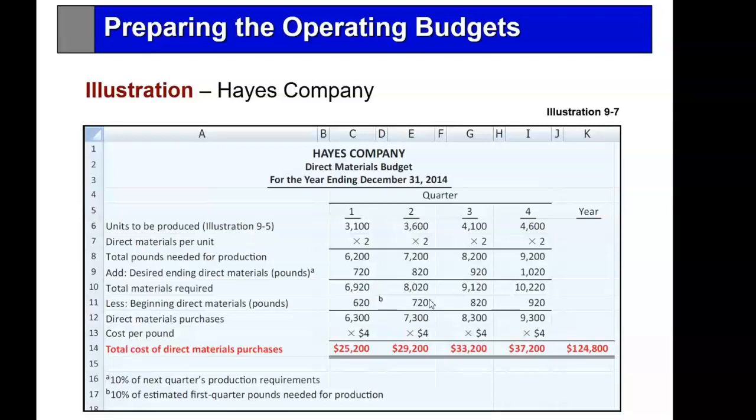The ending in quarter 2 is the beginning in quarter 3. The ending in quarter 3 is the beginning in quarter 4. So now I work it out that I need 7,300 times 4, and I get my purchasing budget for the whole year. Okay.